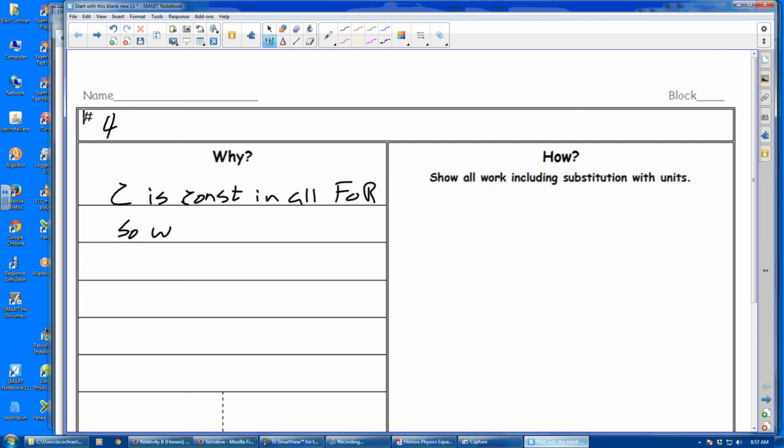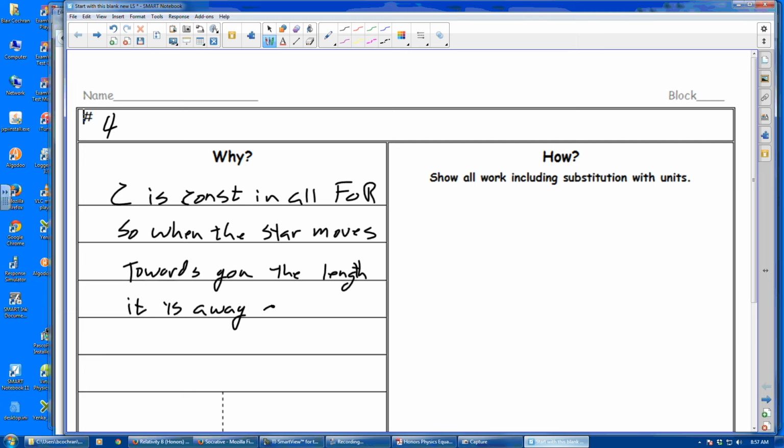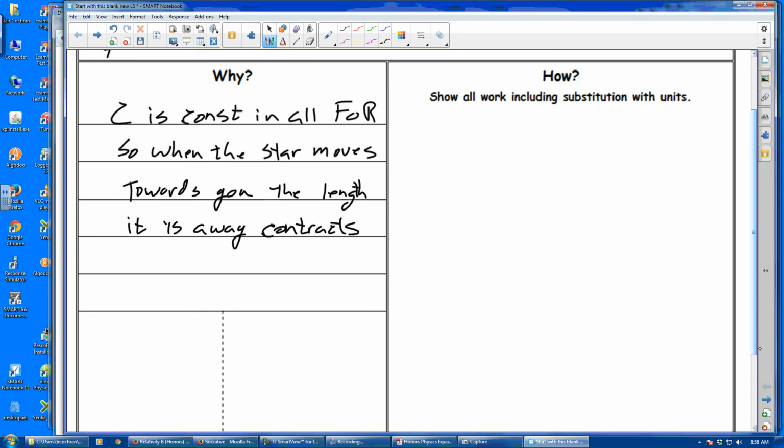So when the star moves towards you, the length it is away contracts. All right. So those type of ideas should be in your Y.